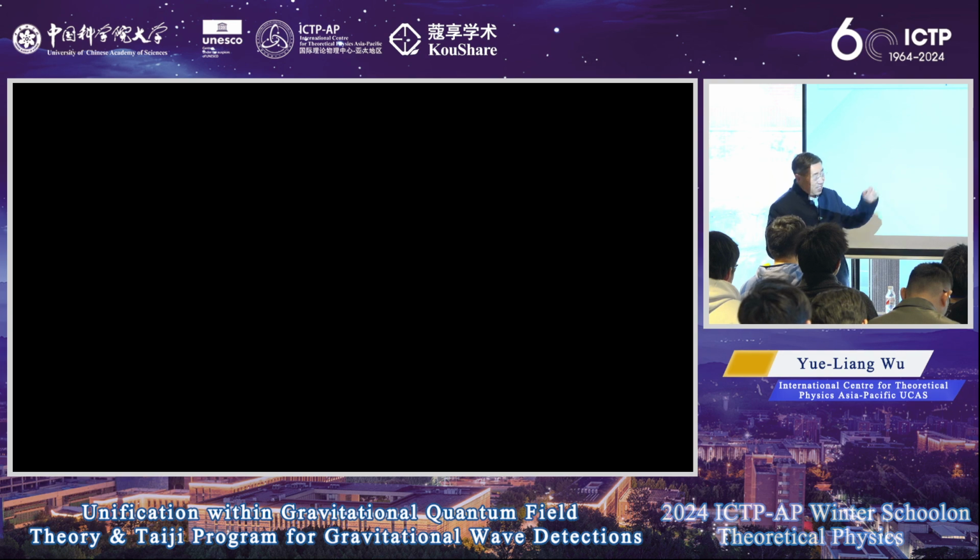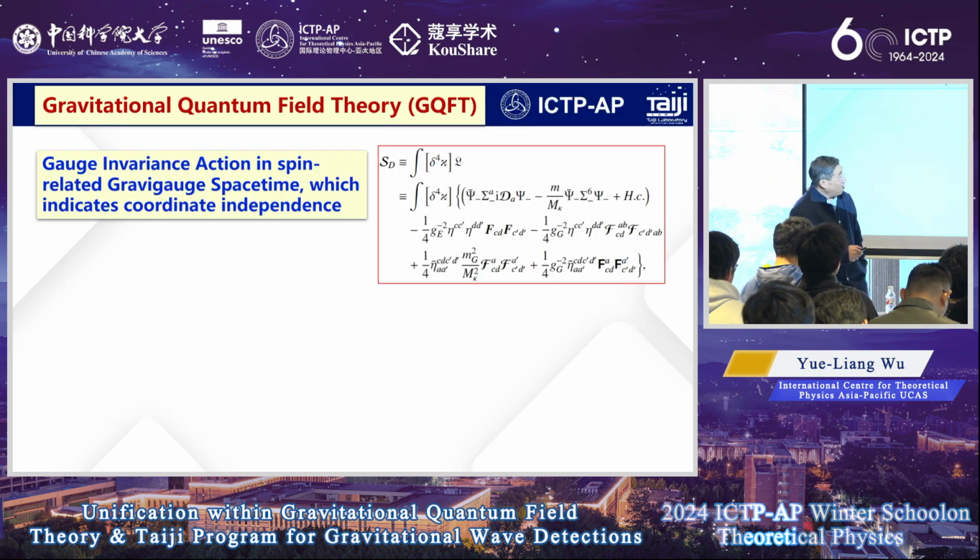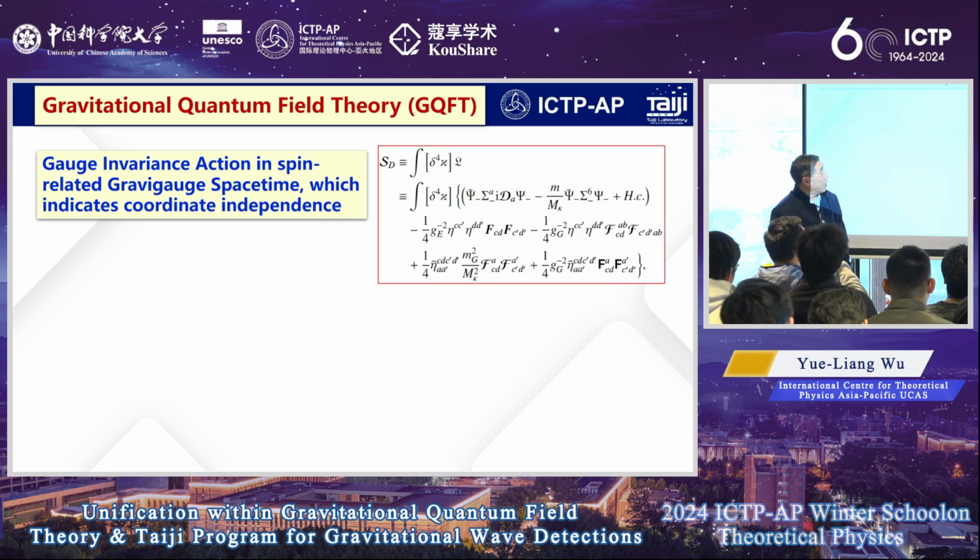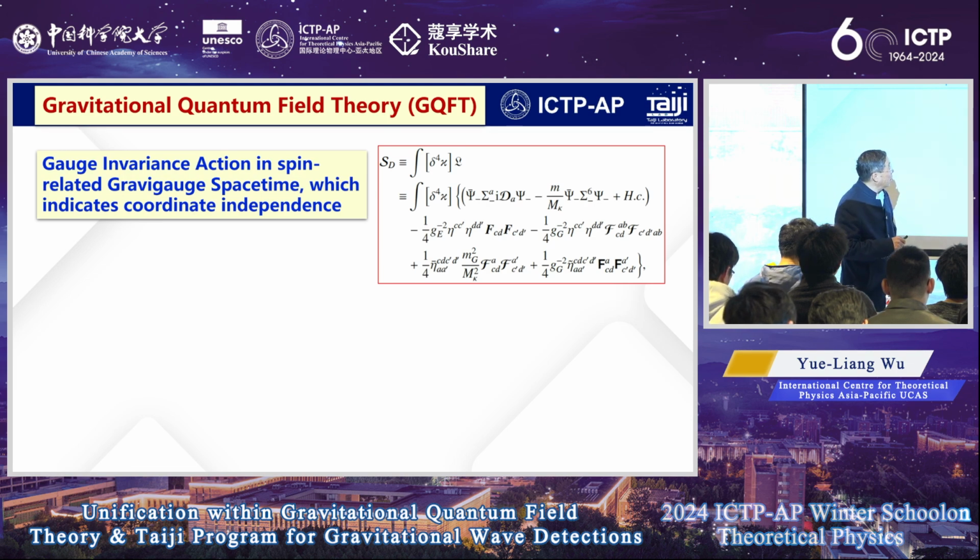When we have a Lagrangian, you know how to do all things. So in the spin-related spacetime, we can directly construct the action, for example, for this chiral representation of electrons. Okay, so then you see, for example, electron magnetic interactions. So this is spin interactions.